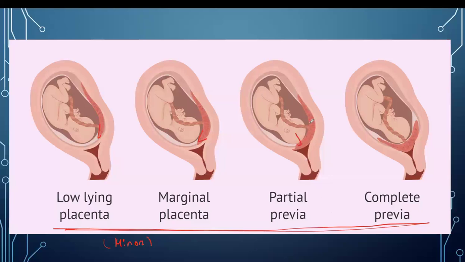Whereas grade 3 is almost blocking the internal os, and grade 4 is completely blocking the os. These two are called major placenta previa, which means these are severe, right? Definitely, because it's almost completely blocking the descent of the baby. It's important because minor and major placenta previa will be treated a bit differently.